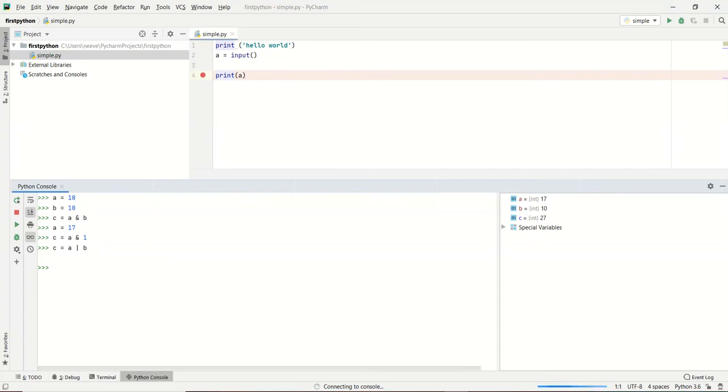Like that we can use the XOR symbol, something like c equals a caret b, which provides an exclusive OR of a and b, which provides the same results over here. And the same way we can do c equals negative of a, which does the ones complement, and it provides the output which is minus 18.